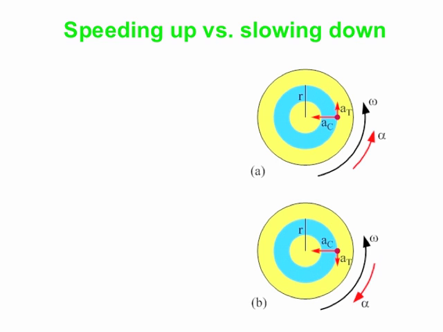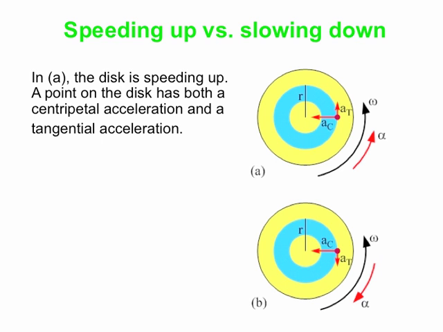Now, if you get out your right hand, you realize that both those vectors are out of the screen, but let's just talk about clockwise and counterclockwise for now. That point in red to the right of the center has two different accelerations. It has both a centripetal acceleration because it's experiencing circular motion, and it has a tangential acceleration because it's speeding up as it goes around the circle.